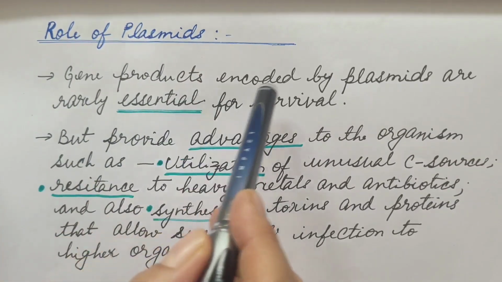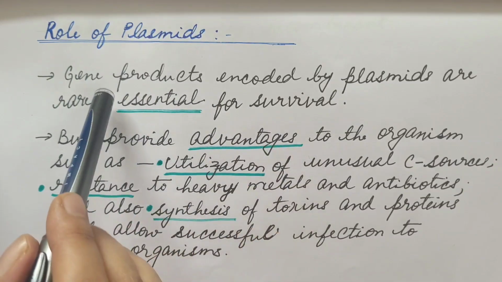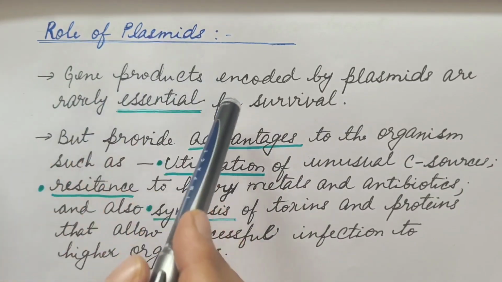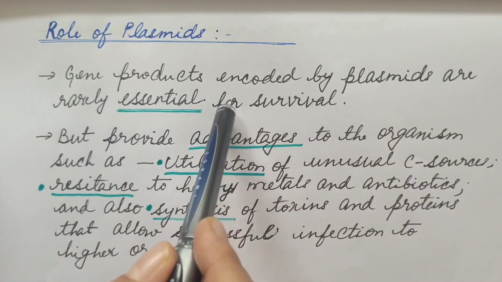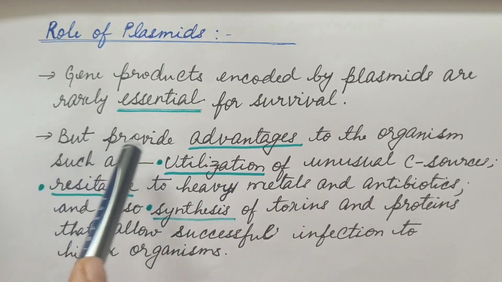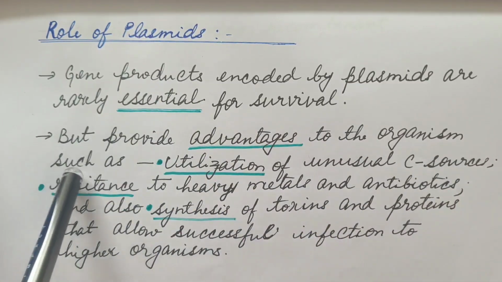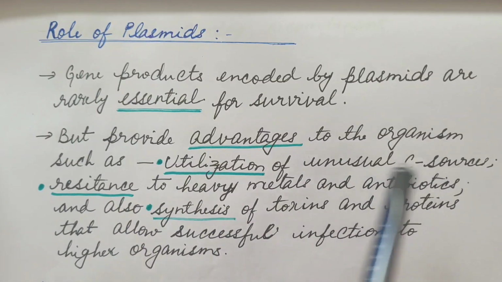Gene products encoded by plasmids are rarely essential for survival. So the gene products or the proteins which plasmids encode, these are non-essential for survival or these are not vital for survival but provide advantages to the organism such as utilization of unusual carbon sources.